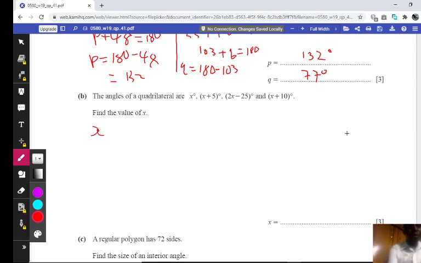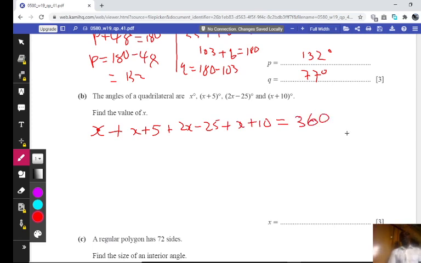So you can say x plus 5 degrees plus 2x minus 25, then plus x plus 10 is equal to 360 degrees. Then x plus 2x, because x plus x is 2x, 2x plus 2x will be 4x, 4x plus x will be 5x on this side. Then here 5 plus 5 minus 25 will be minus 20.